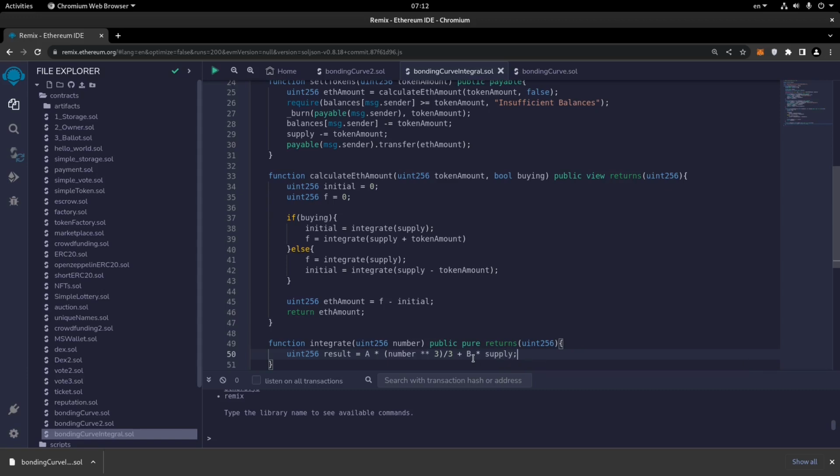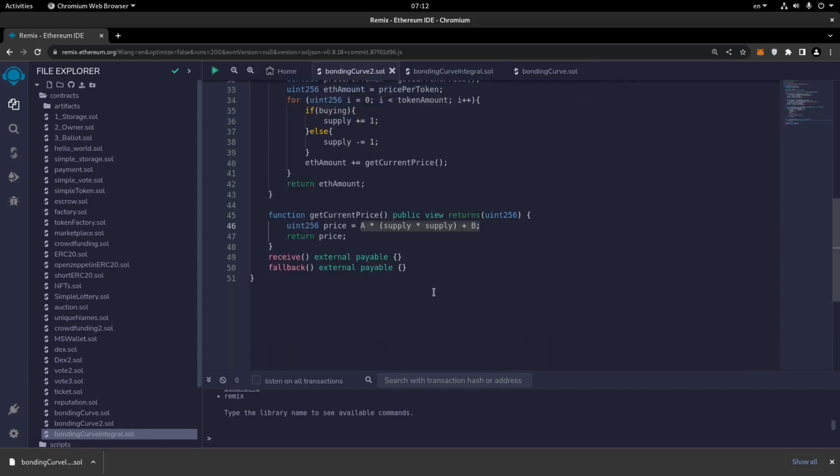So notice what we had here in the previous contract. It was a multiplied by supply to the power of 2. So here it becomes to the power of 3. This is the formula of integral, and it will be divided by the power, right, which is 3. And here the power will increase by 1.